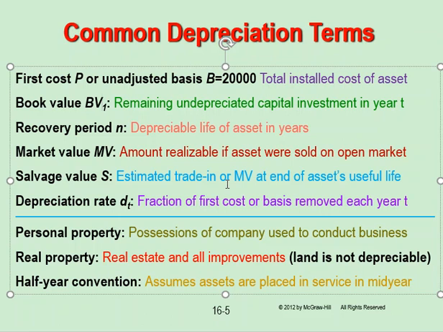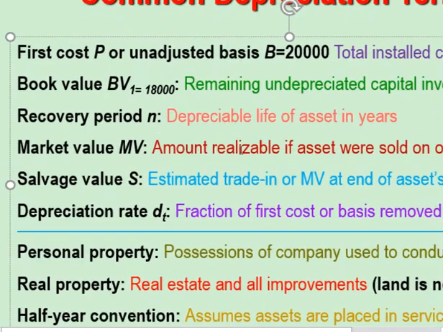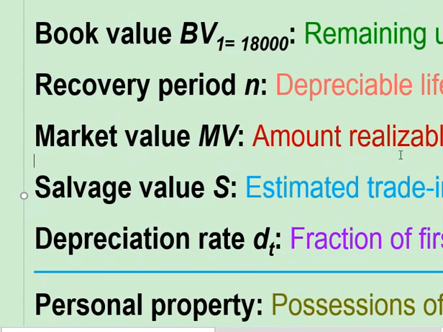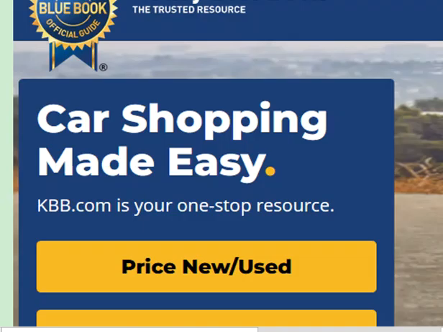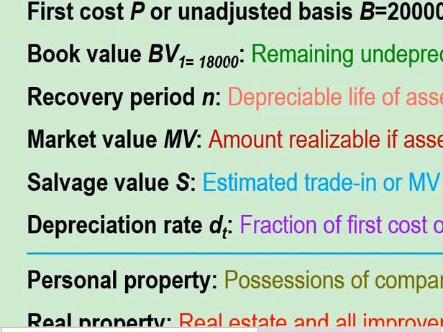It will be BV1. It used to be 20,000. Now the book value, based on our friend here, is 18,000. So what's the depreciation? It's 2,000. 20,000 minus 18,000 is 2,000.